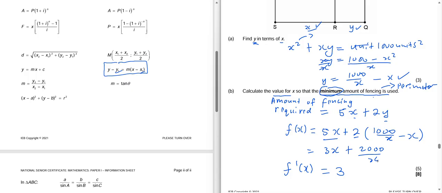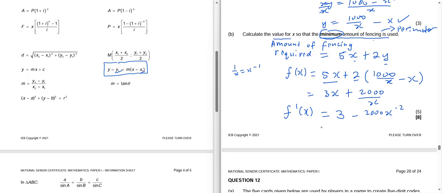And then remember that 1 over x is the same thing as x to the power of minus 1. So we apply the rule of dropping down the minus, and then we subtract 1, meaning we have minus 2000 x to the power of minus 2. And it is the same thing as 3 minus 2000 over x squared.